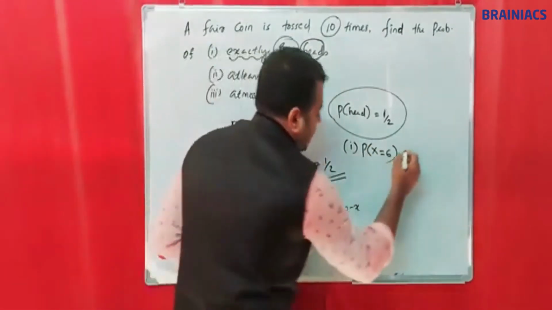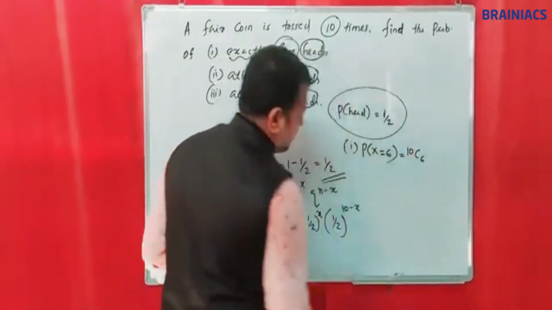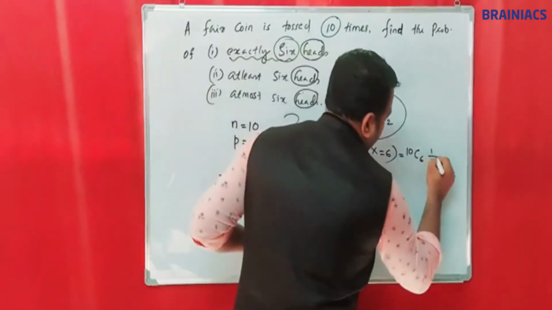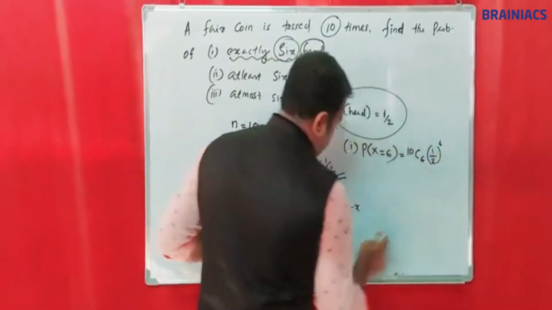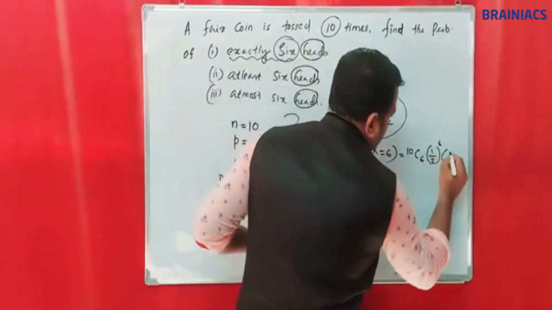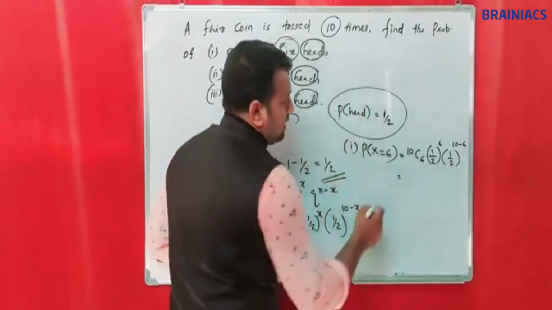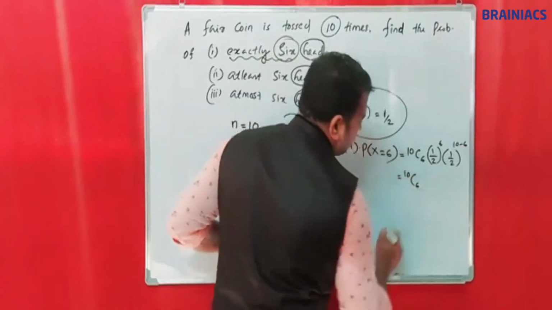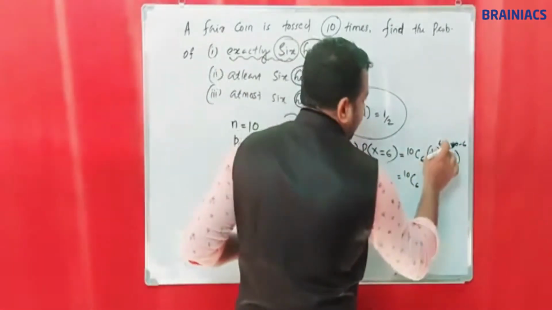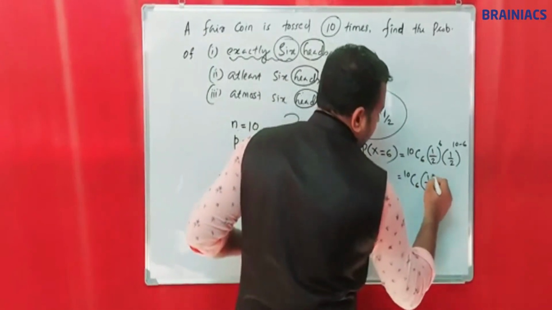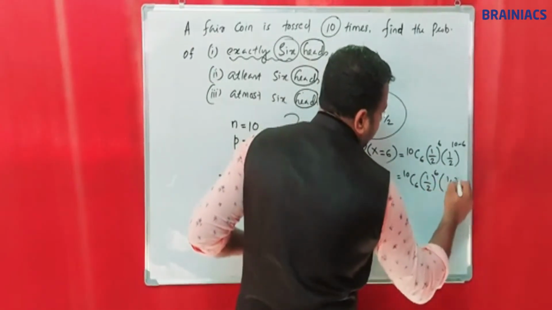So the answer is 10C6, 1 by 2 raised to 6, and 1 by 2 raised to 10 minus 6, which is 10C6, 1 by 2 raised to 6 into 1 by 2 raised to 4.